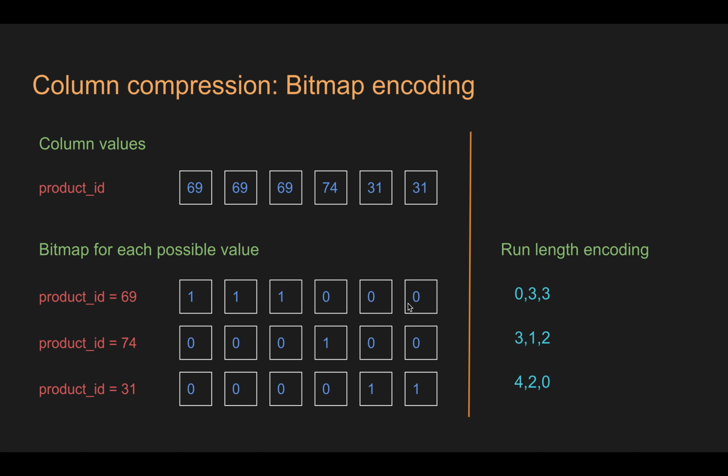For product ID 74, we first have 3 zeros, that's why the number 3 here, then we have 1 one, that's why the number 1 here, and then we have 2 zeros, that's why we have the number 2 here. So this is how we can compress each column into just a small set of values, using bitmap encoding and then further applying run-length encoding to that.